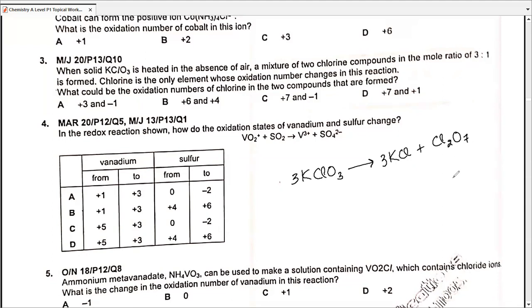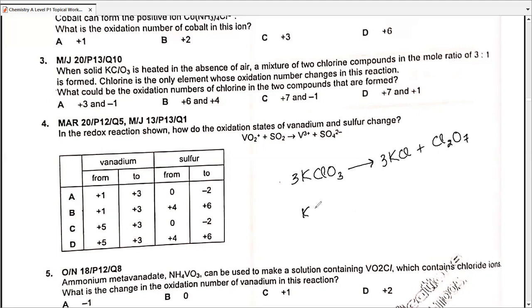No, that's not how it works. We have unbalanced number of chlorine atoms. Of course, we have also oxygen unbalance.